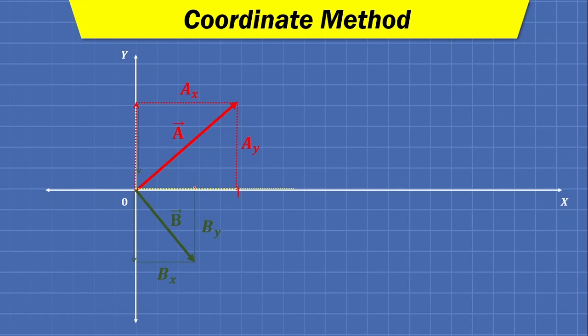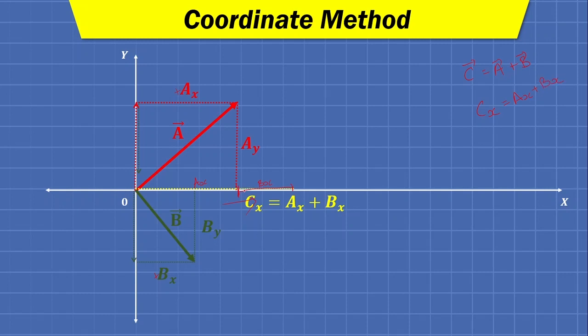Up to here it is same as ax, and this portion is bx. Now the values of ax and bx both are positive, so we will algebraically add both. So cx, let us say c is the resultant vector, then the x component of c will be ax plus bx.